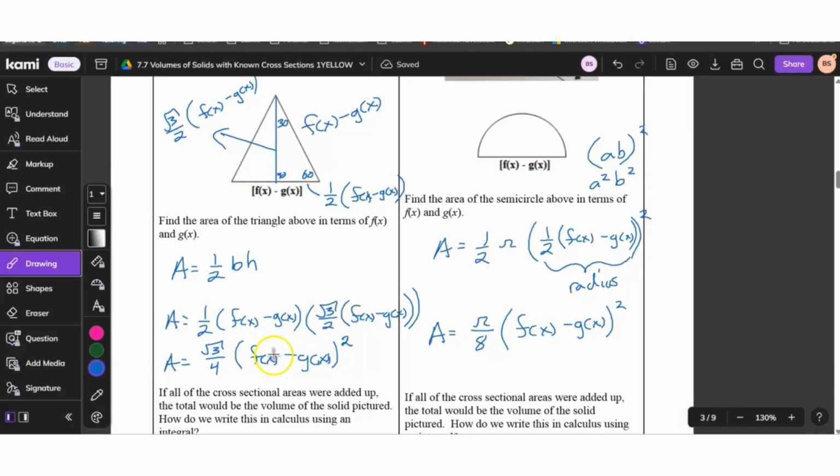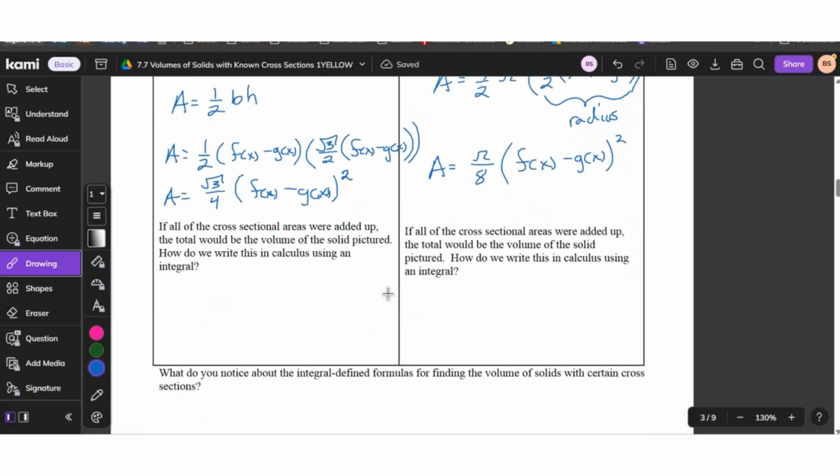So like I said, the whole point is to try and give you a simple coefficient that you need to memorize based on the type of cross-section, but otherwise it's always going to be f of x minus g of x squared. That's the whole goal here for you. Okay, so if we added up all those cross-sections then, this would simply mean that the volume is going to be that root 3 over 4 times the integral from a to b of f of x minus g of x squared dx.